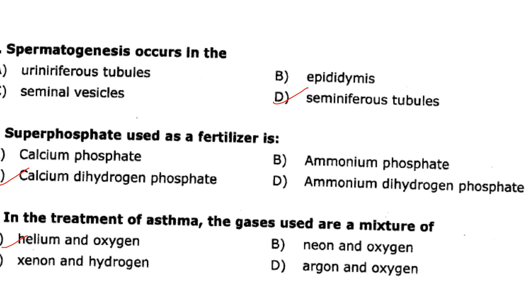Answer is option D. Superphosphate used as a fertilizer is calcium dihydrogen phosphate. Answer is option C. In the treatment of asthma, the gases used are a mixture of helium and oxygen. Answer is option A.